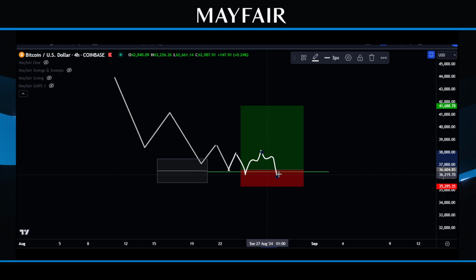Now, if you think of this logically, what we've actually done is given logic and rationale for a move up. And most of the time, people who don't take confirmation will take this move, and they instantly get stopped out. Composite man knows that this level is a level.